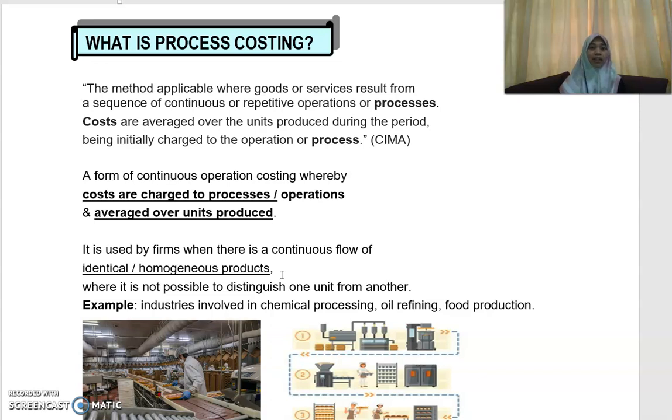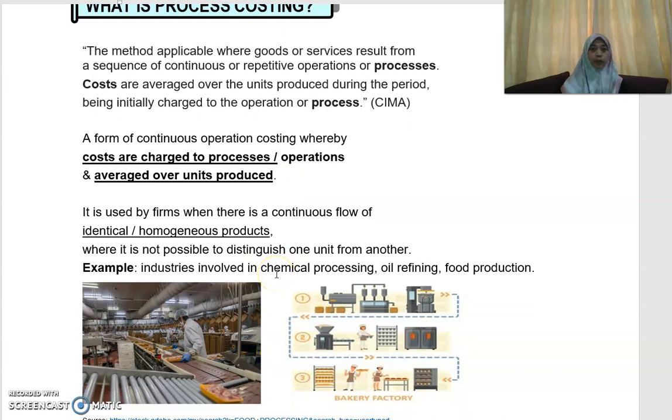You have identical products, a lot of them in the market. If the output is the result of a continuous flow of identical products, then process costing is more applicable when you want to calculate the cost per unit.